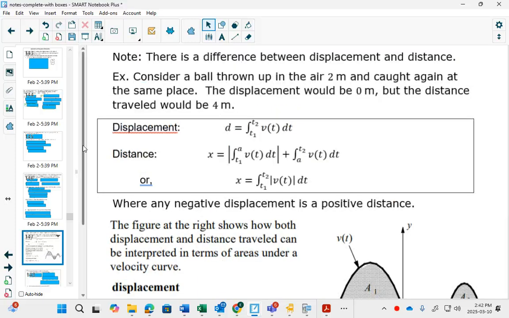Okay. Now we're going to talk about the difference between displacement and distance. And this, I realized for myself, is why I have trouble going for a run. I know it's good exercise.